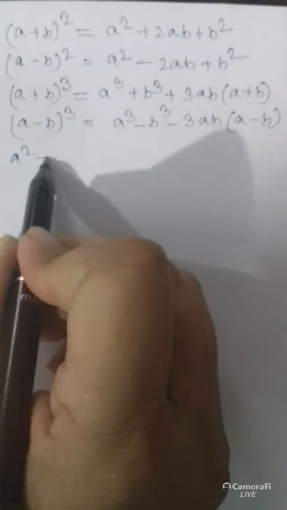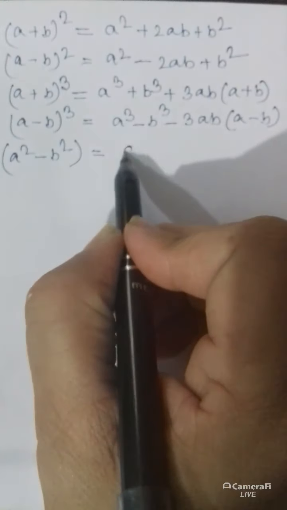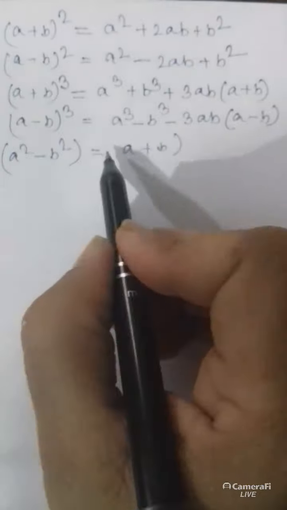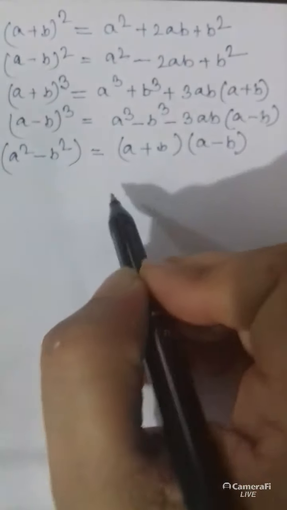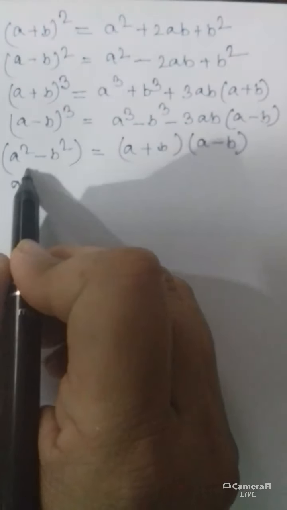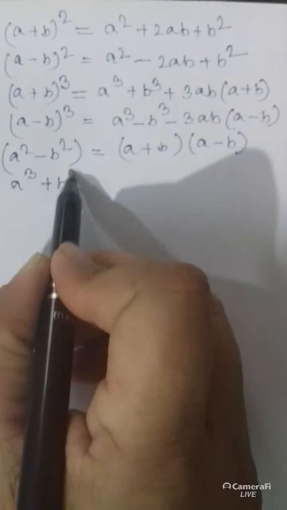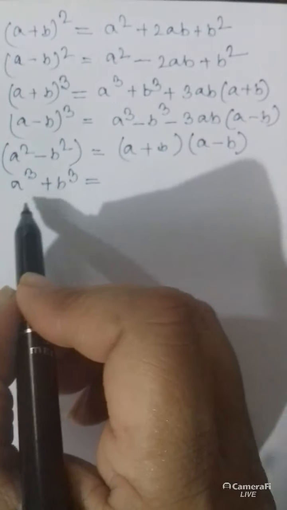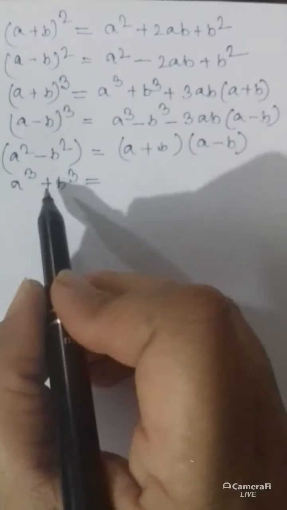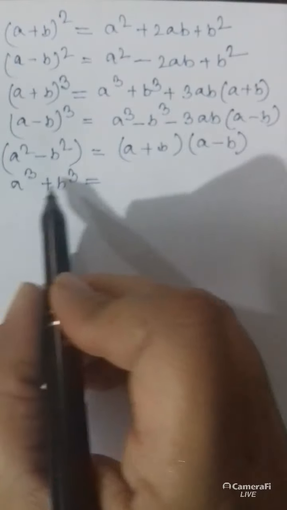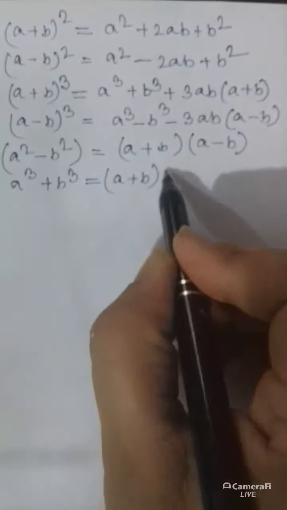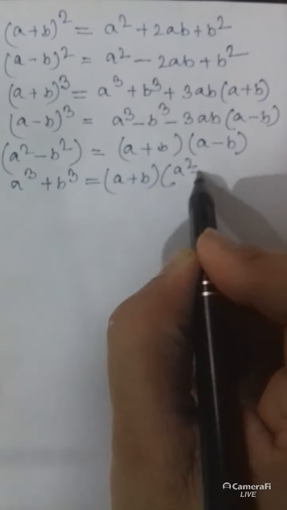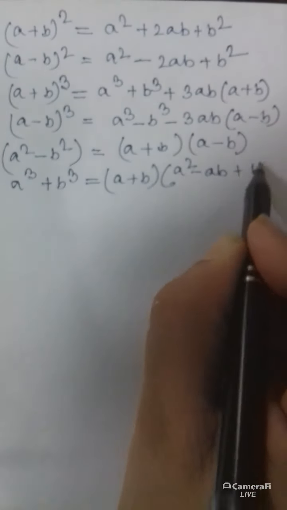Another formula, a square minus b square equals a plus b into a minus b. These are the formulas for factorization. A cube plus b cube equals a plus b into a square minus ab plus b square.